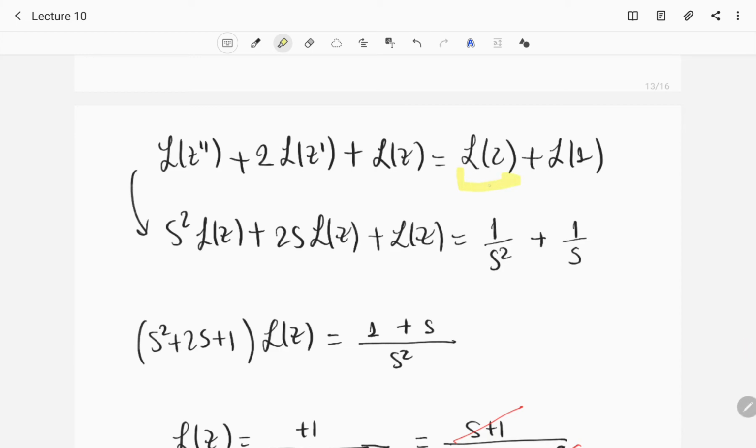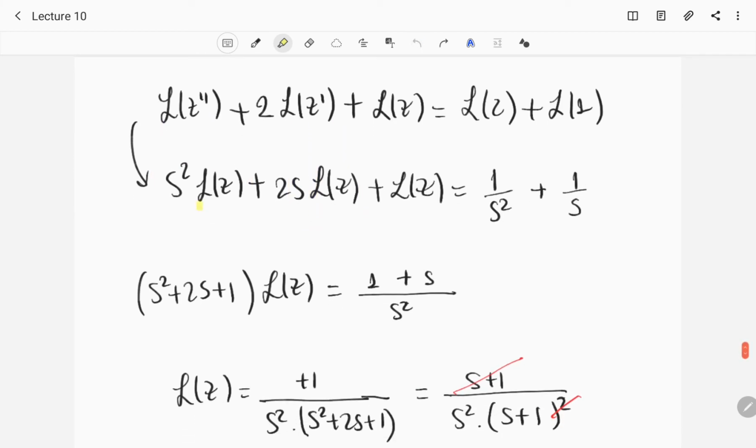The Laplace transform of tau is 1 over s squared. The Laplace transform of 1 is 1 over s. Here we have these two identities where we use the property of the derivatives and the initial conditions.